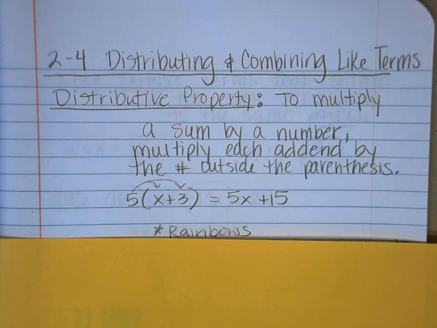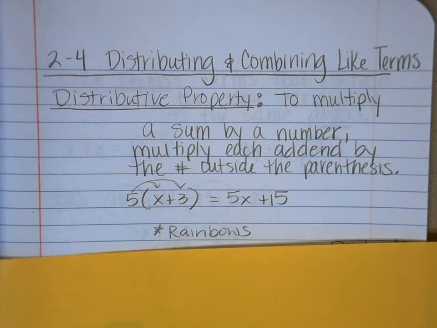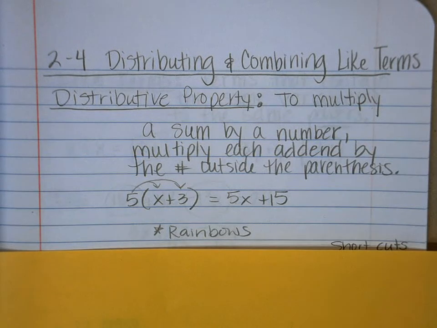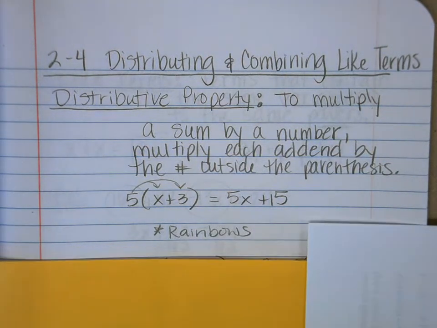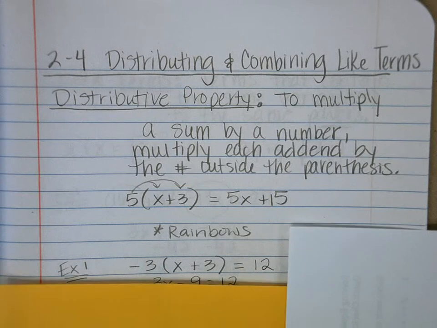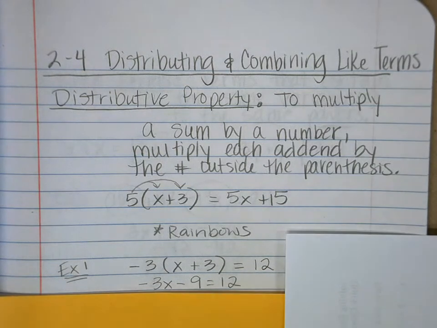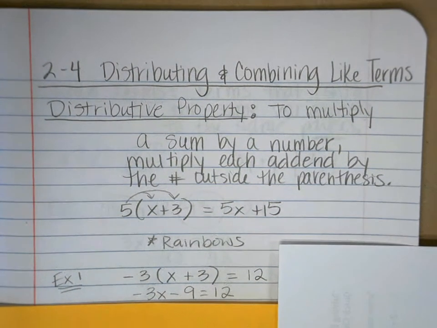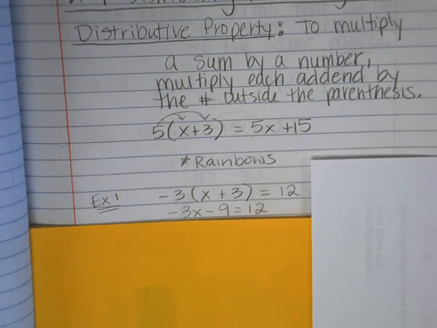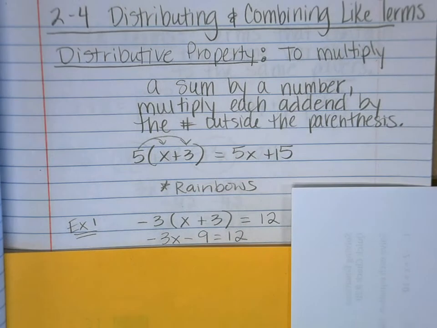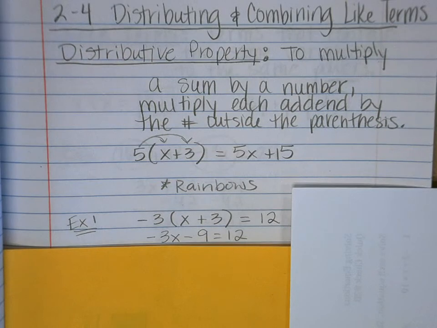So, rainbows. Okay. Oh, I have to cover up some of this because I put some shortcuts, and I don't want you to see yet. Okay. So, example 1. We have a negative 3 on the outside, and we have an x plus 3 equals 12.